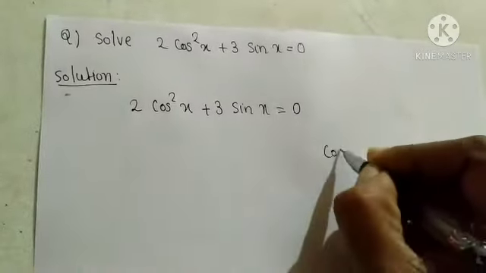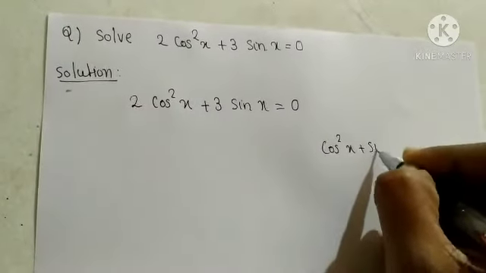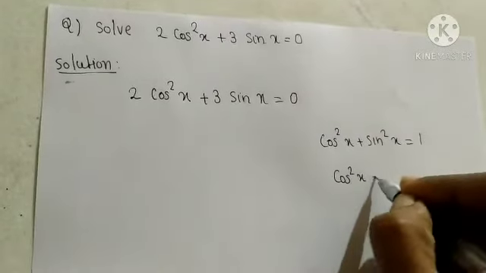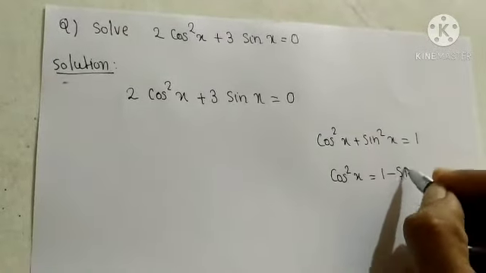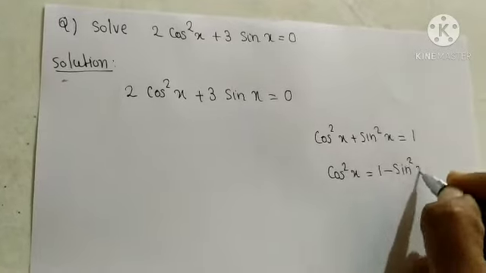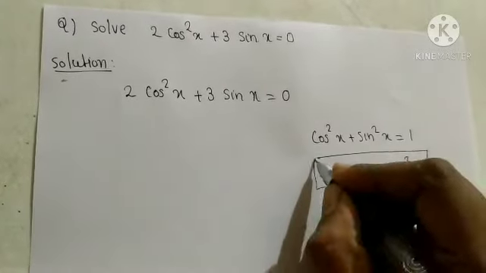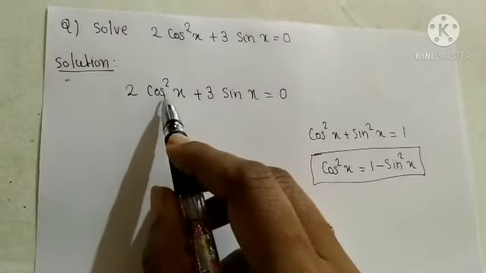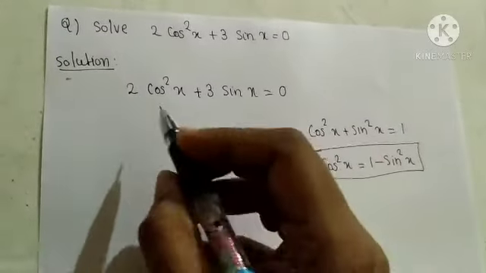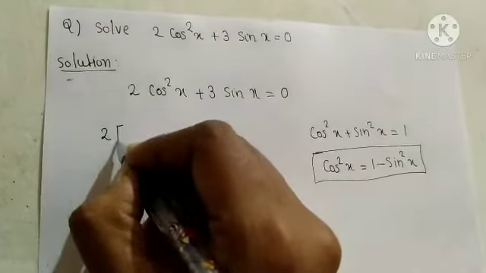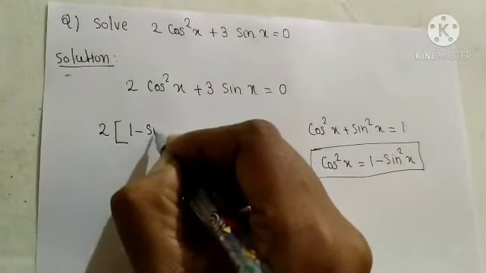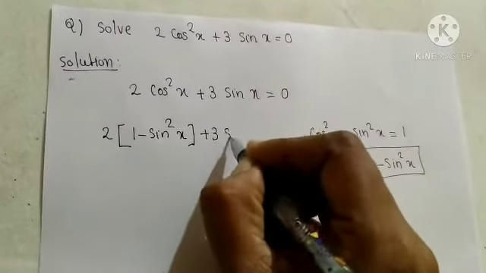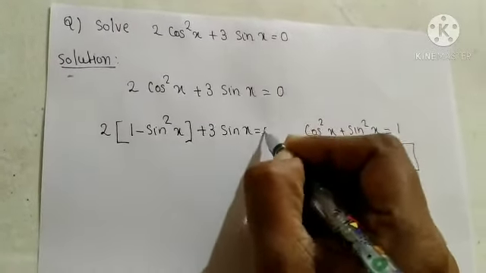We know that cos²x plus sin²x equals 1, so cos²x equals 1 minus sin²x. Replacing cos²x by 1 minus sin²x, it becomes 2 into (1 minus sin²x) plus 3 sin x equals 0.